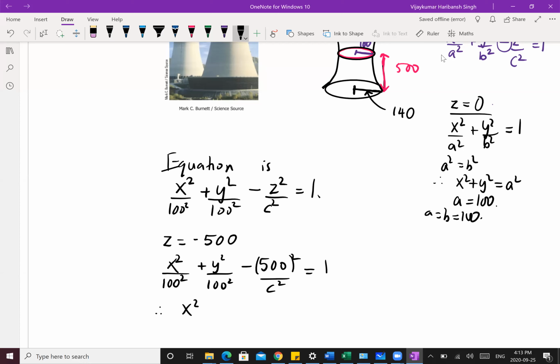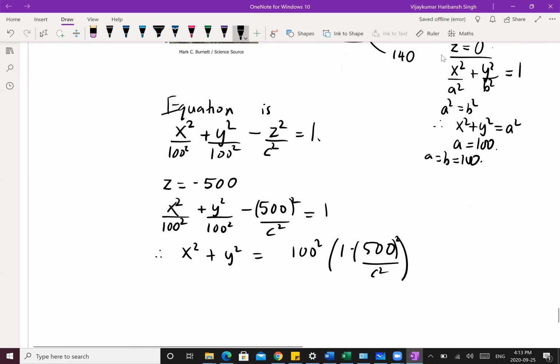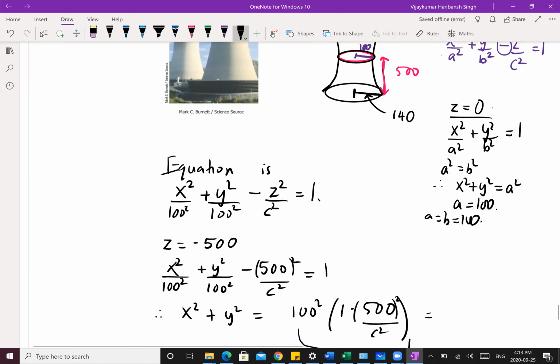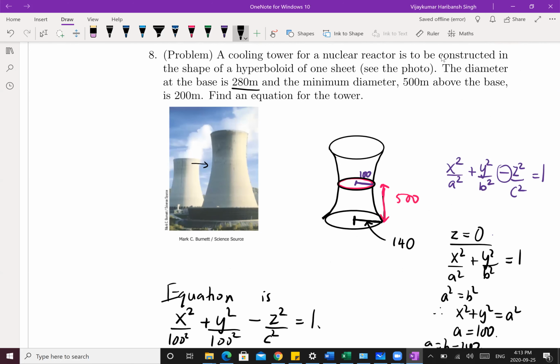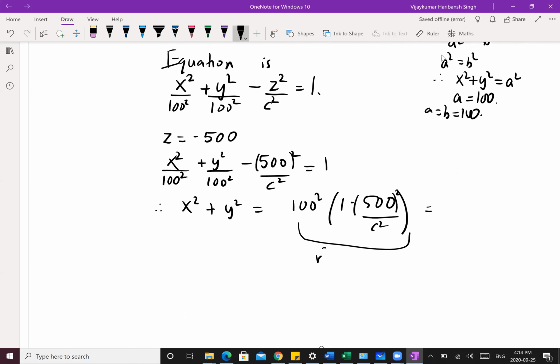If you rearrange, we get x squared plus y squared equals 100 squared times 1 plus 500 squared by c squared. Now this should be equal to 140 squared, because at z equals minus 500, it's a circle of radius 140, right? So this should be equal to r squared, which is 140 squared.